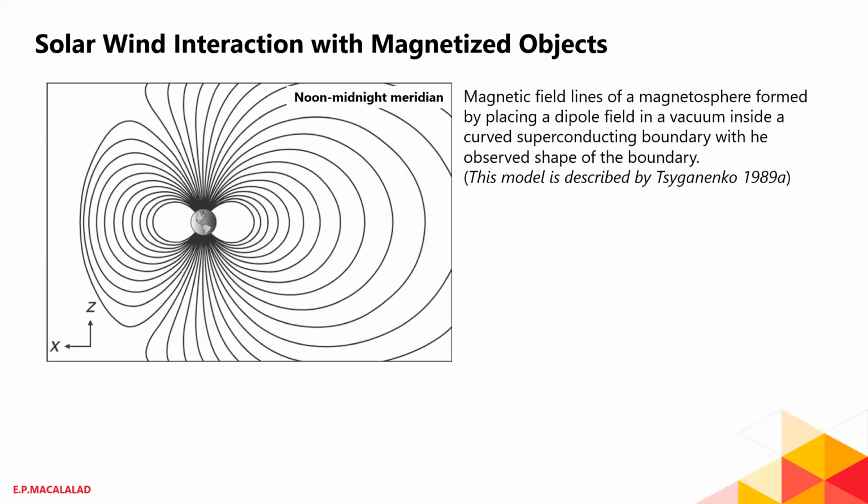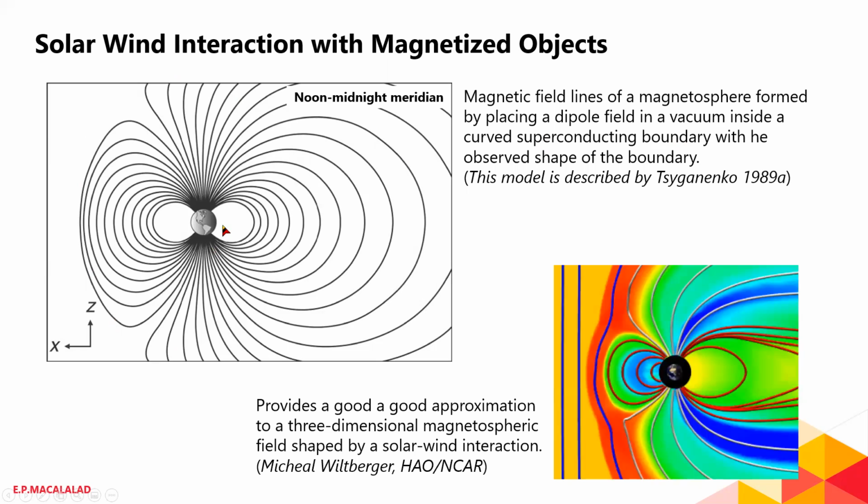In other words, if your magnetic dipole field interacts with a curved superconducting boundary, it would look like this, which is very much similar to what we have right now in the magnetosphere. So this provides a good approximation to a three-dimensional magnetospheric field shaped by a solar wind interaction.